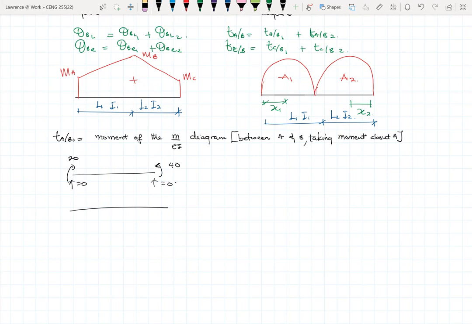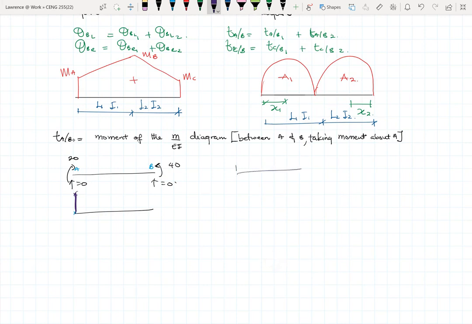So this is A and this is B. Because this is a point moment, the bending moment at A will move from 0 and jump straight to 20. All right.